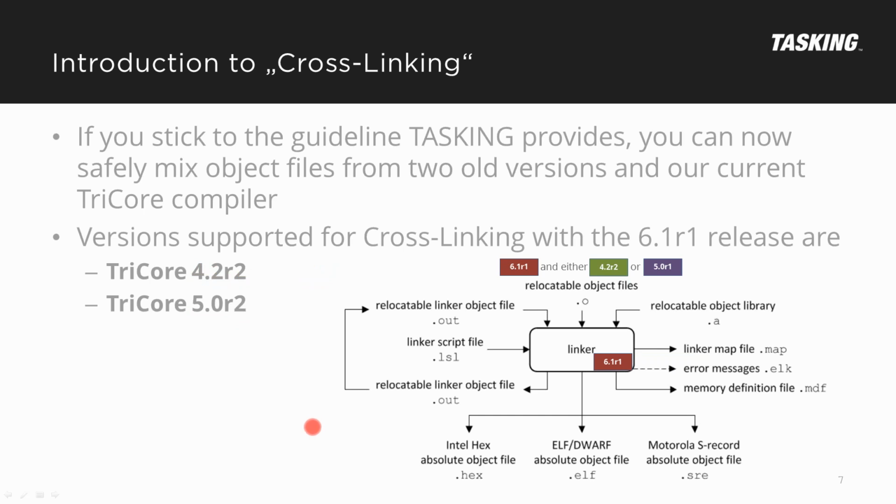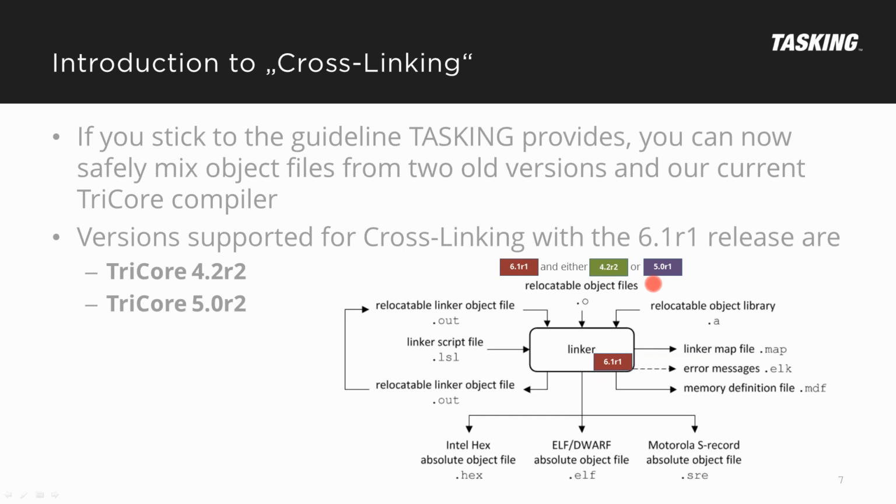So what you actually do if you're doing cross-linking is that you have your application, for example, which you compile with the 6.1 R1, the cross-linking release, and either 4.2 R2 or the 5.0 R2. So it's not R1, it's R2. And you link them together with the 6.1 release.